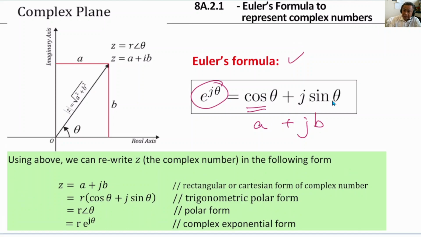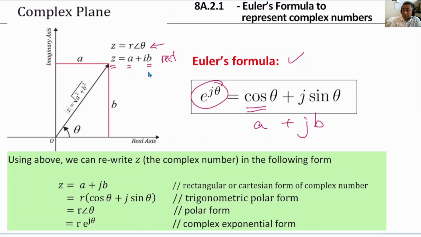Where is sine theta? So let's see the original representation that we are familiar with. Z is the complex number given by a real number a and an imaginary number jb. A plus jb. And this is the rectangular form, remember?